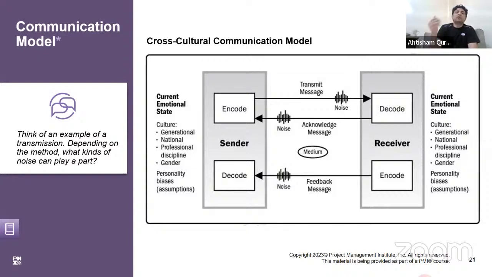If you receive a cross question, it means the other person has understood the previous message and then asked another question. So that's a feedback message. You receive, you sent, and then there is an acknowledgement back, which is, yeah, I understood. But if I processed it and I ask another question, that means I am giving the feedback, right? Yes. So that's how cross-cultural communication happens.